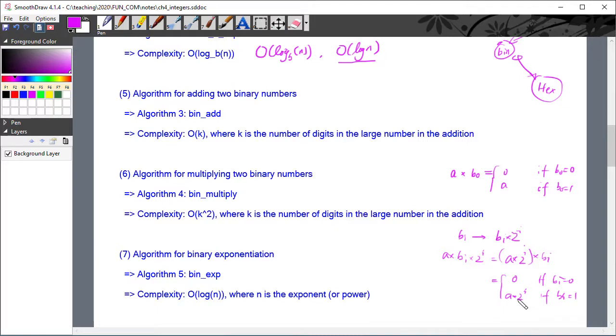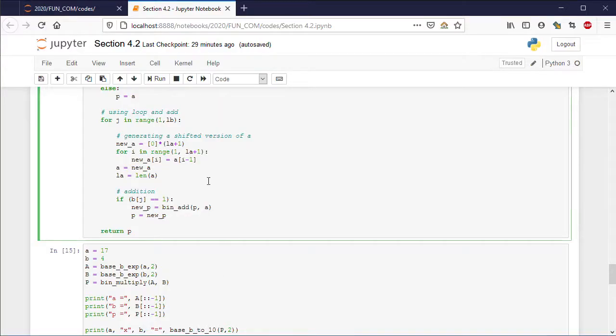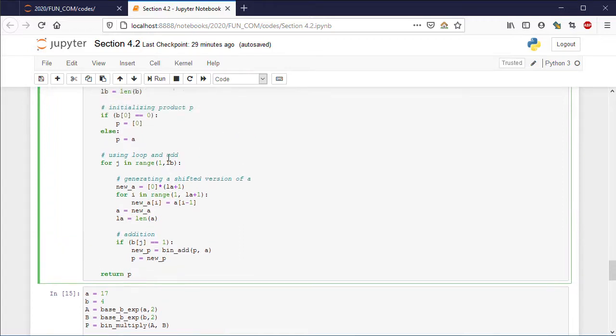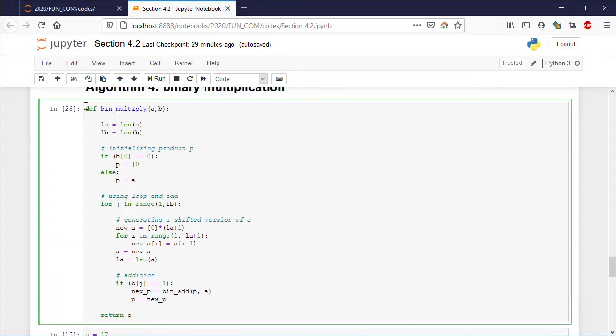And remember that after each iteration, I first shift all the bits to the left for 1 bit. So the corresponding number will be A times 2 to the power of i. Anyway, after this class, maybe you can write your own code based on my program and test that by yourself.